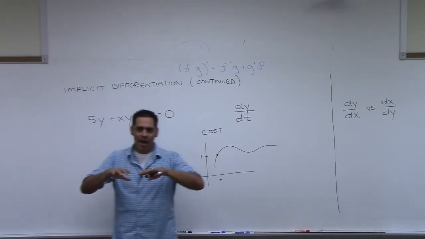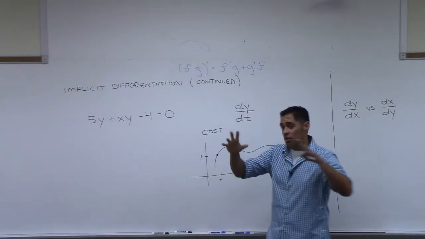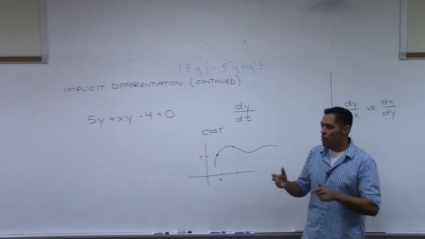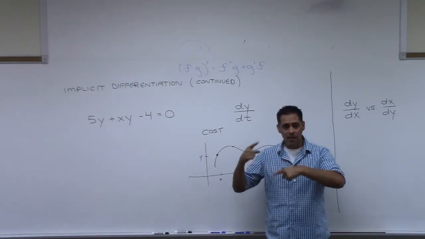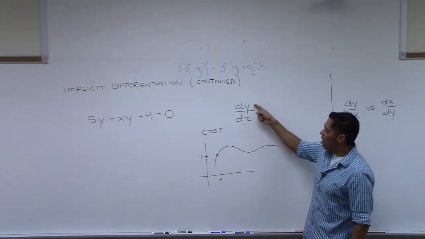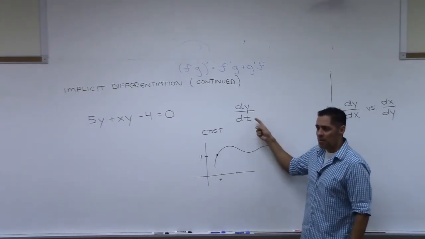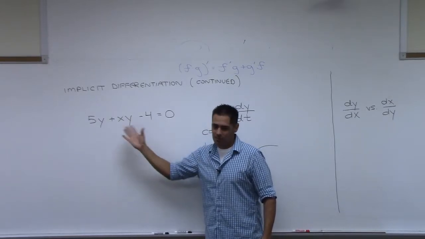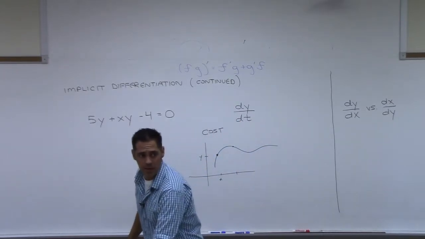So when you have these functions like cost functions, revenue functions, profit functions, you can always think about time as being like a background variable. So sometimes we want to know how's my y changing with respect to time, even though time isn't here? All right? You're just going to have to kind of go with me on this for a minute.